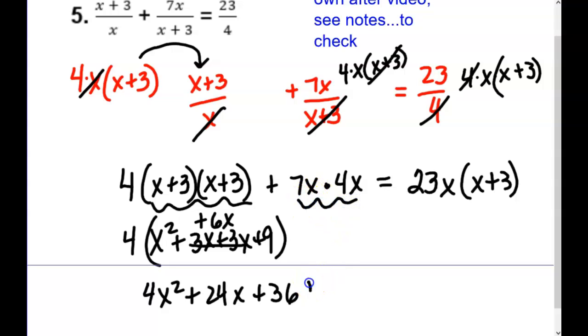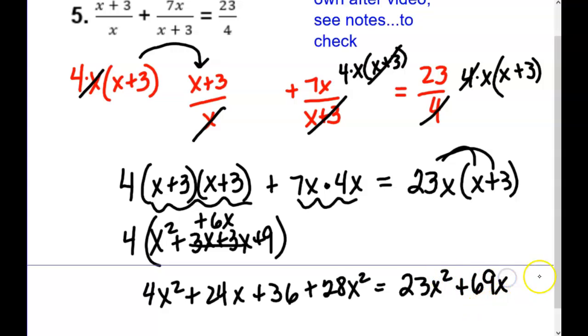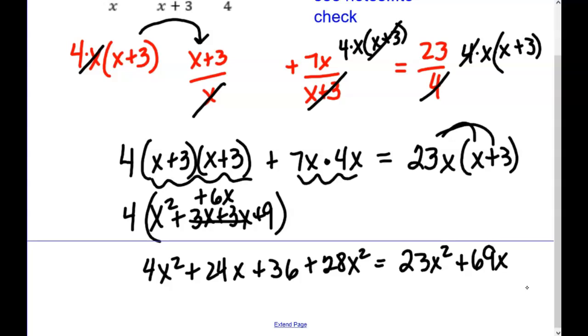This term right here would just be a 28x squared. And over here, I have 23x squared plus 69x. I think I just should have said skip this problem, huh? So 4x squared and 28x squared.